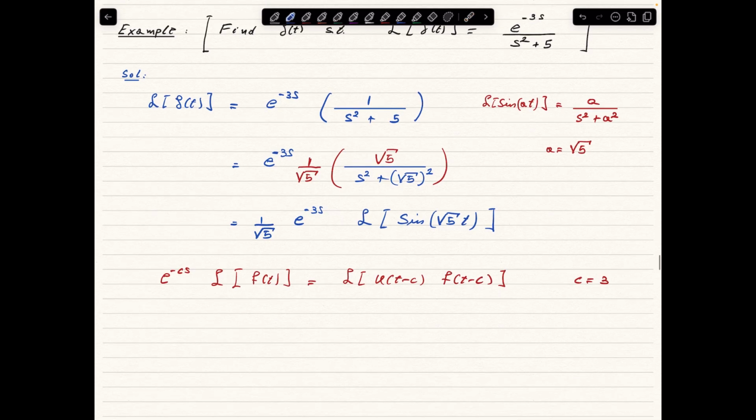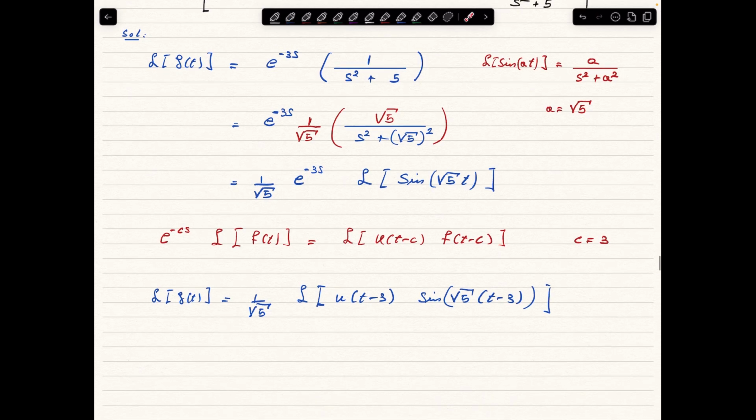So the Laplace transform of the function g is now 1 over square root of 5, which is still there, times u, a step, of t minus 3, and then f is the sine, so the sine of square root of 5, and now t goes into t minus 3.